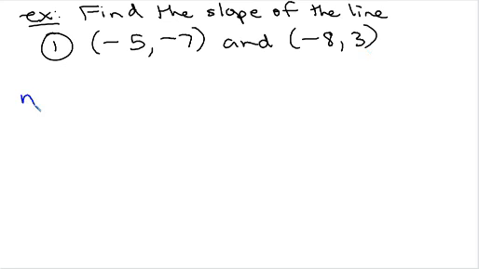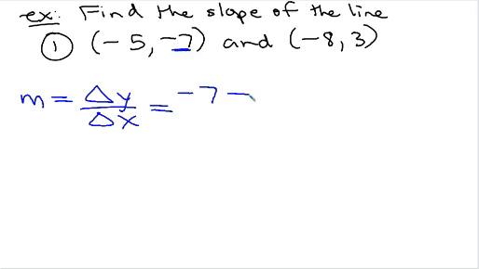So, we're going to use slope is delta y over delta x. Singing the song helps me remember that the change in y goes on top. So here's a y value, -7 minus 3. That's the change in y. It's on top. The change in x goes on bottom.